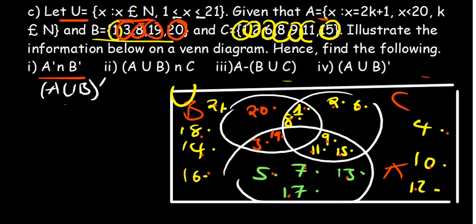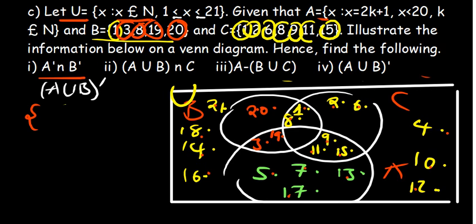If you combine your A and B together, unionized, it's this region. So we're shading the entire region of A and B. All the elements that are in A and B are not going to be listed. We're only going to list outside that because we are interested in the complement of the two.